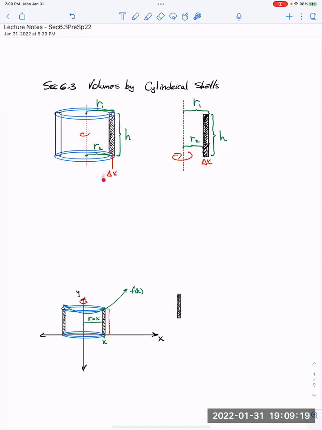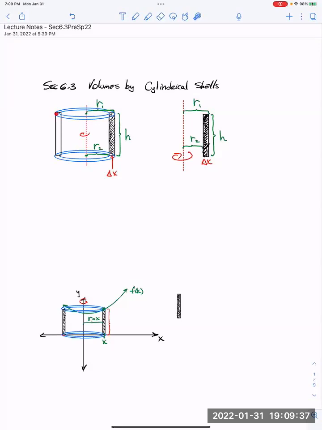So when you take the limit as delta x goes to 0, R1 will converge to the value of R2. All we're trying to do is develop a formula for the volume of a shell.